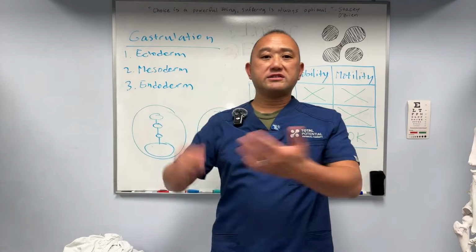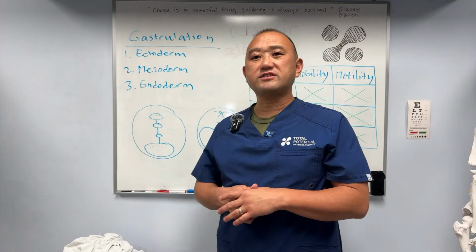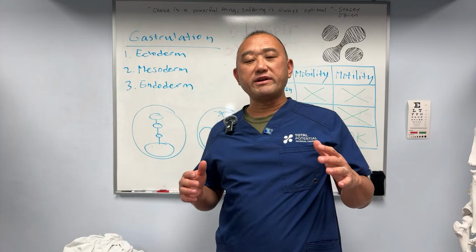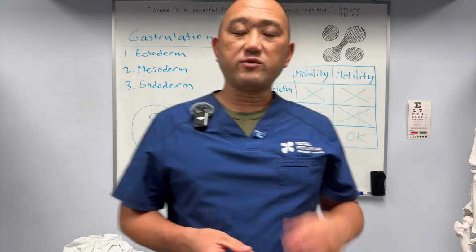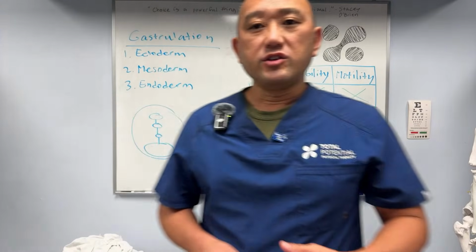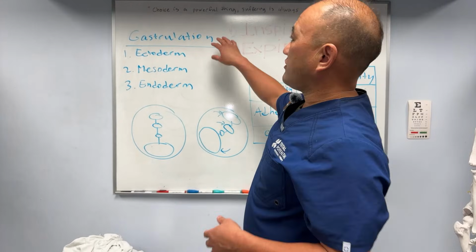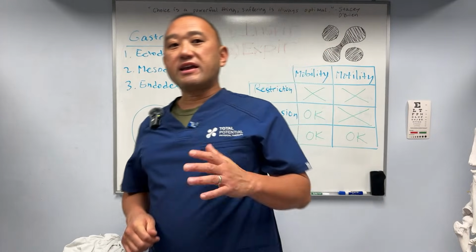And how does all this come about? Well, it actually all starts at 4 weeks after you were conceived, while you're in your mother's womb. The cells in your body start to go through what's called gastrulation.